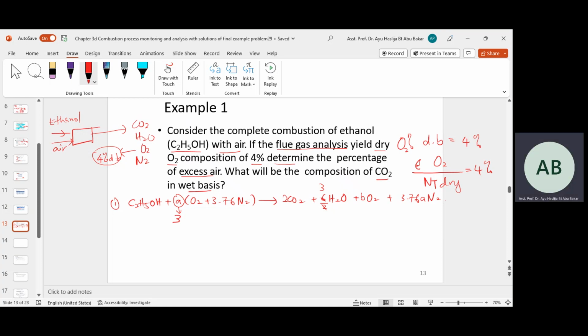How to determine the excess air? Which equation do you need to use?